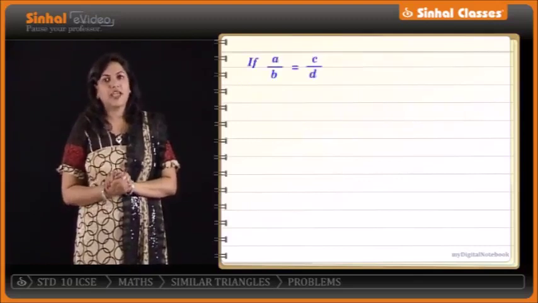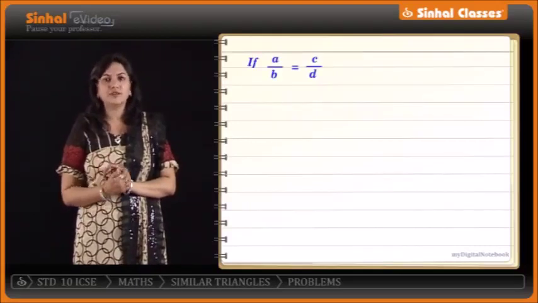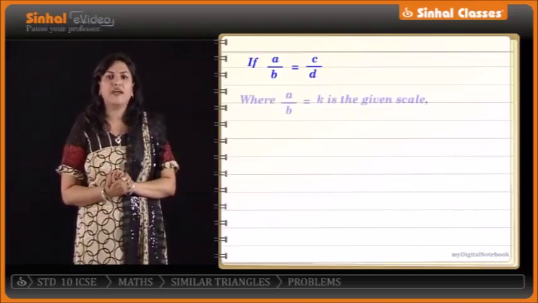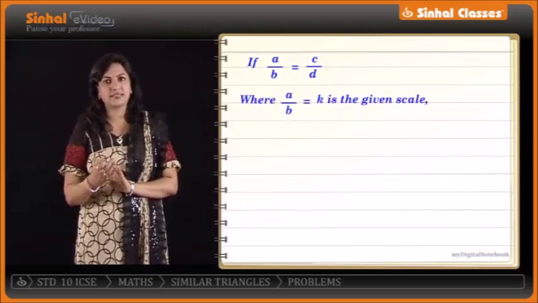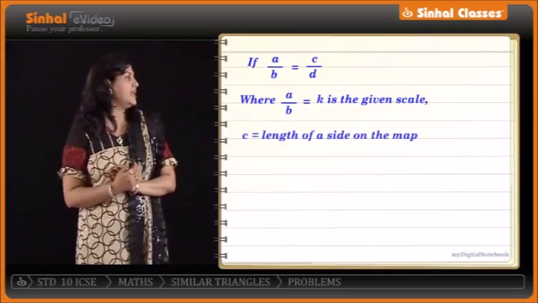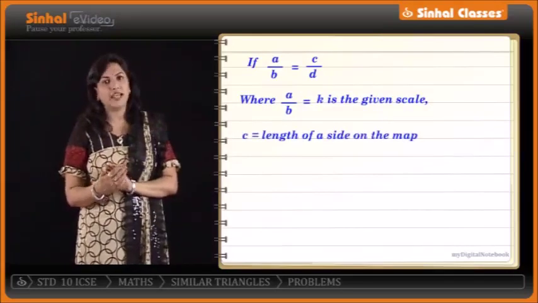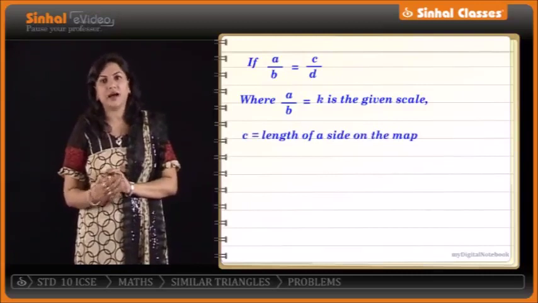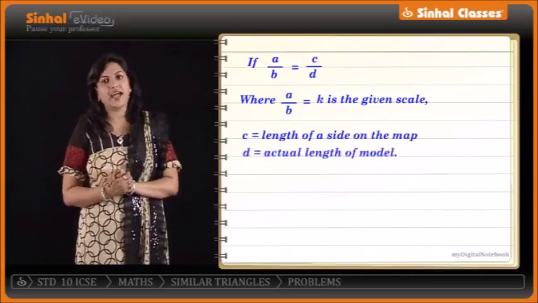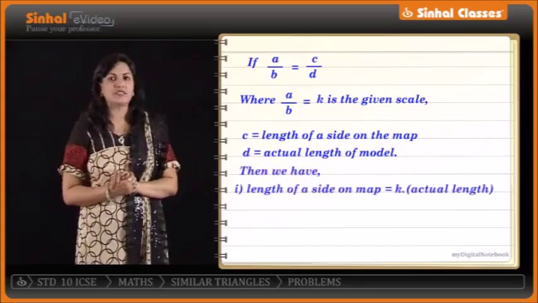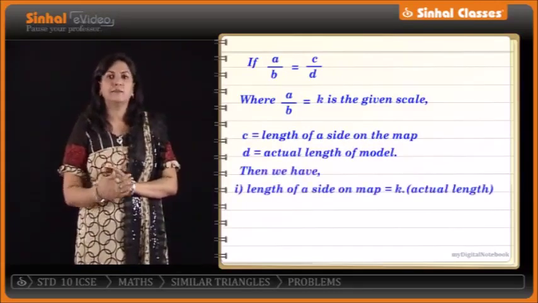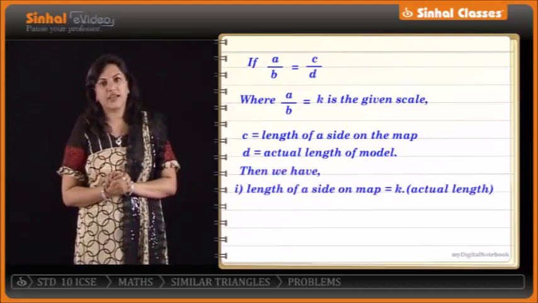So if A upon B is equal to C upon D, where A upon B is equal to K, that is the scale, and C is the distance or the length of a side on the map, and D is the actual length, then we can write length of a side on the map will be K times the actual length.